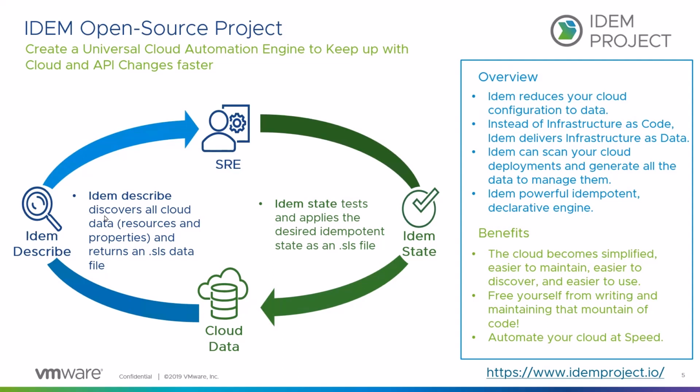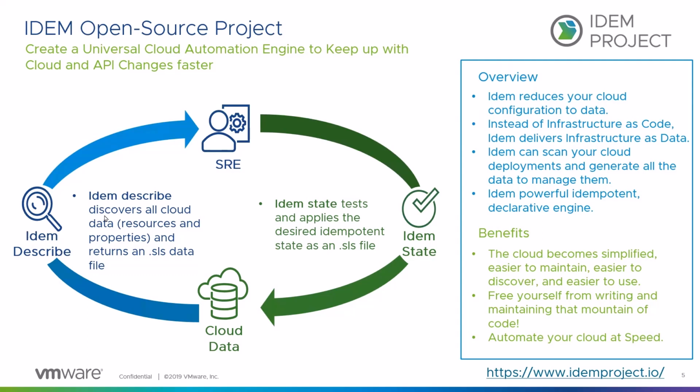We discover all the cloud data, the resources, and their properties, and we return that to the developer or the SRE as an SLS data file. Idem can then take that data and modify it, and then apply it back with the desired idempotent state, also as an SLS file.